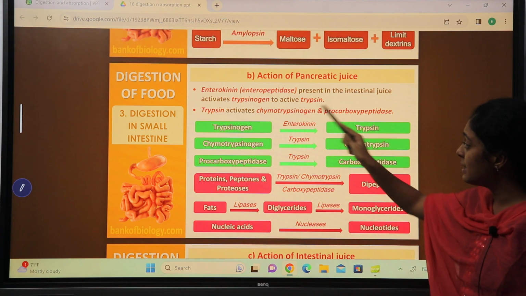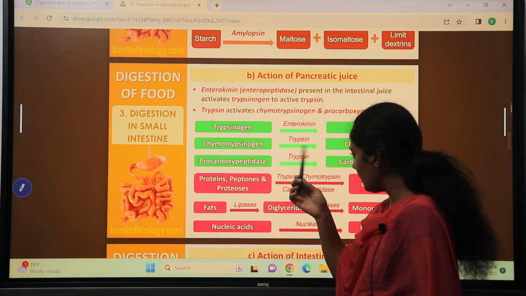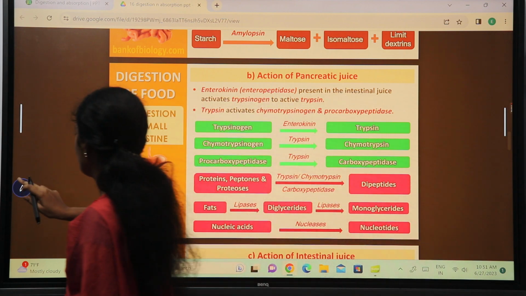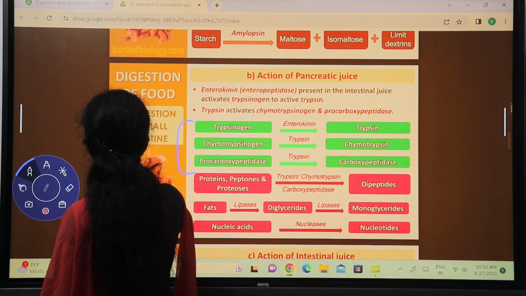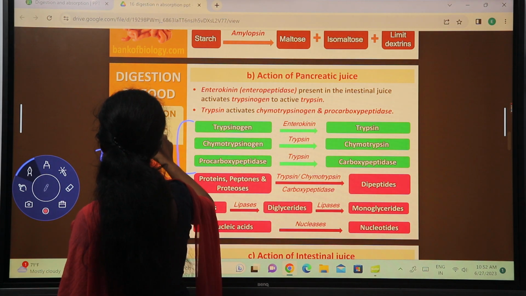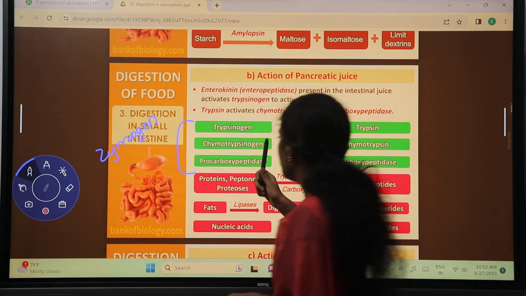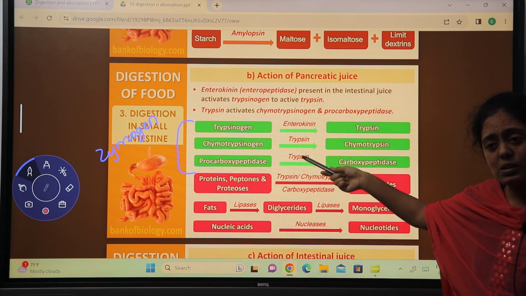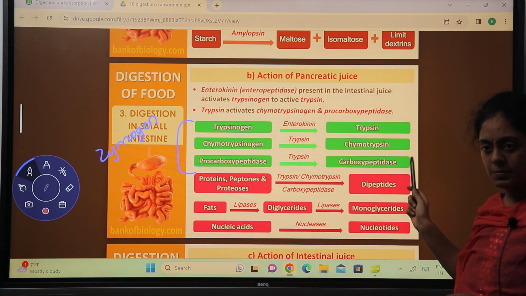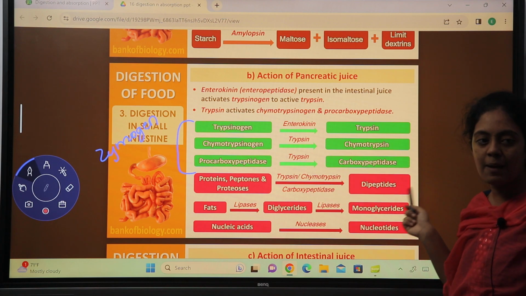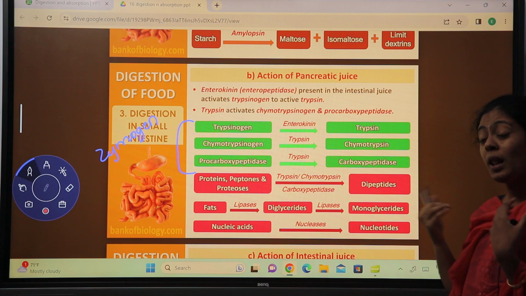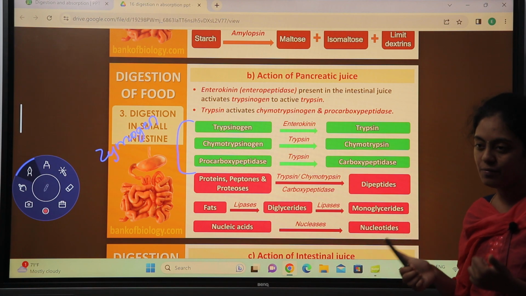What do we call these? Zymogens or precursors. Zymogen means inactive forms. Very good. Then chymotrypsinogen in presence of trypsin forms chymotrypsin. Procarboxypeptidase in presence of trypsin forms carboxypeptidase. Now all the proteases are active.